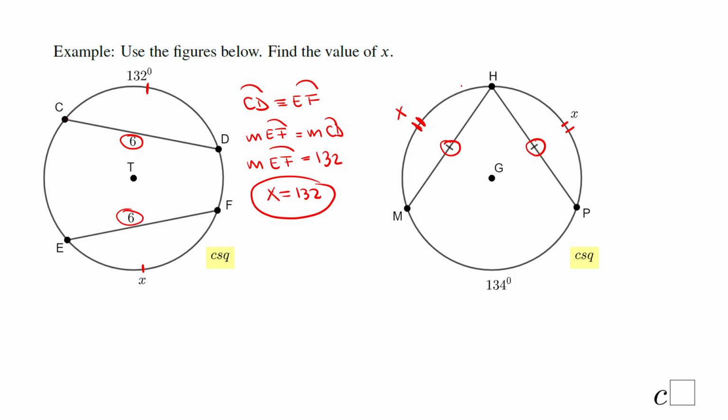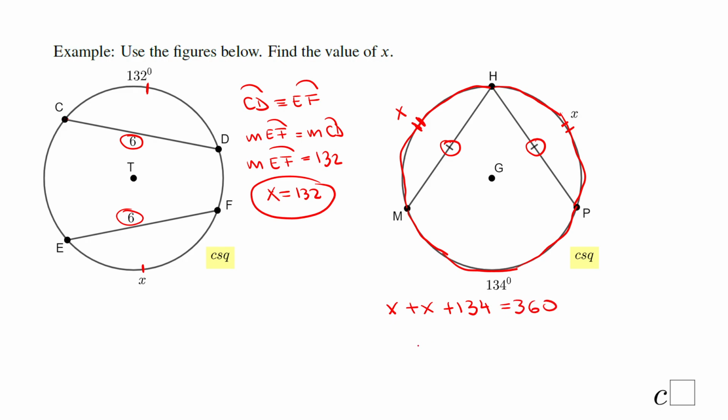Arc MH, which is X, plus the measure of the arc HP, which is also X, plus the last arc, which is arc MP. If you add these three arcs, where arc MP is 134 degrees, what do we get? We get the whole circle, which is 360 degrees.